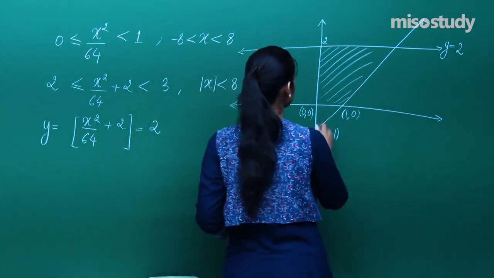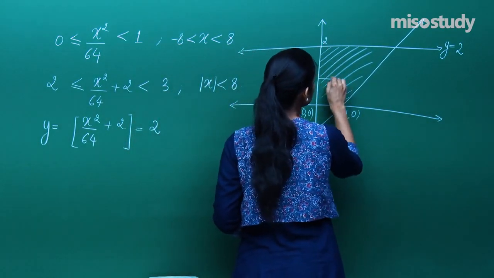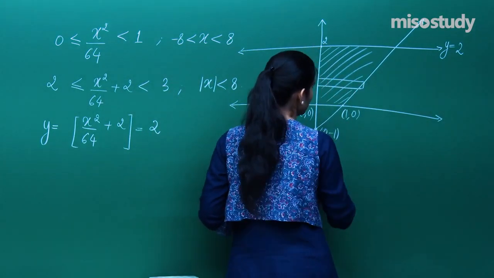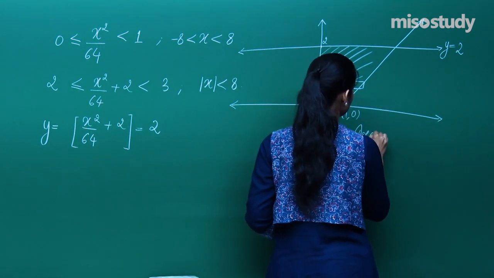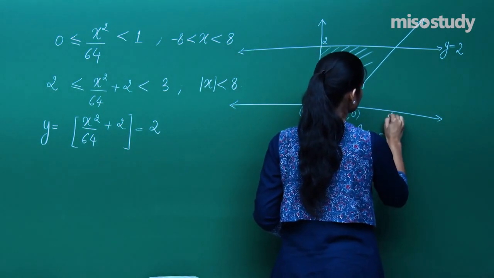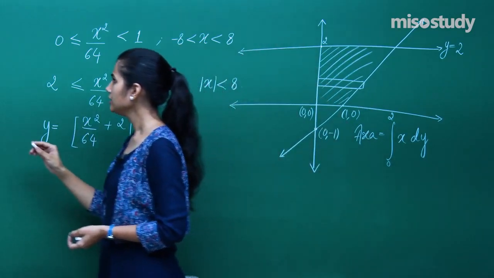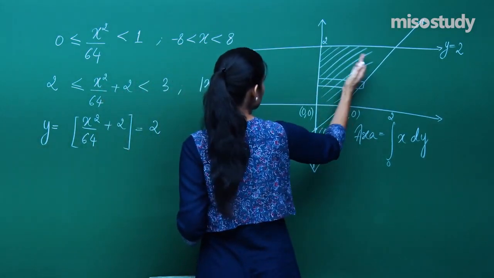So what is this area? You know from 0 to 2, I will be interested in such a strip. Area is integral from 0 to 2 x dy. But what is x? You can see what is x?